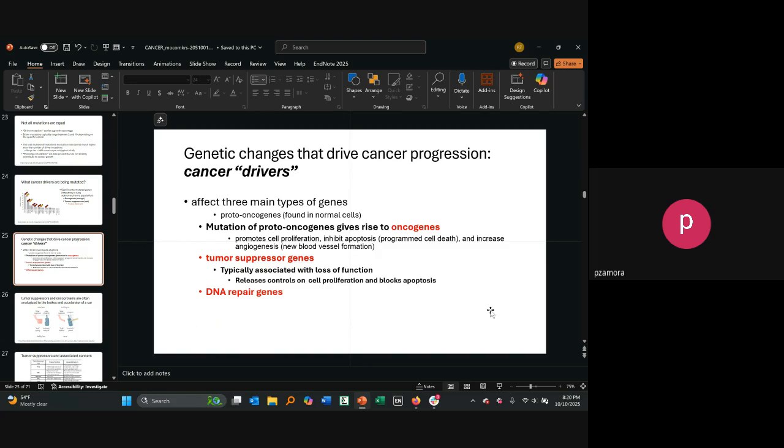So you have the worst of two worlds going on. And then also DNA repair genes. If you normally have a background level of mutation and you can't repair them, things are not going to be good. So collectively, oncogenes, tumor suppressor genes, and DNA repair genes are collectively referred to as cancer drivers. And yeah, I'll just leave it at that.